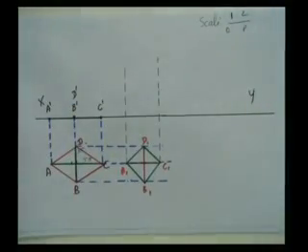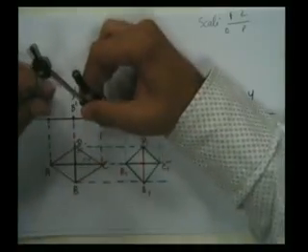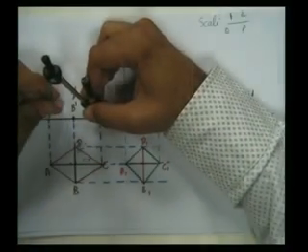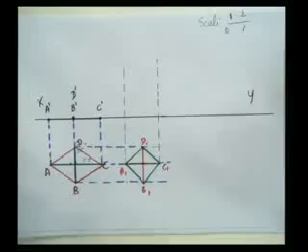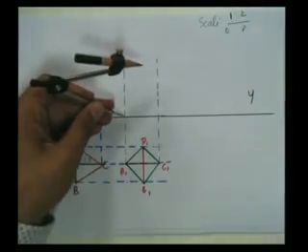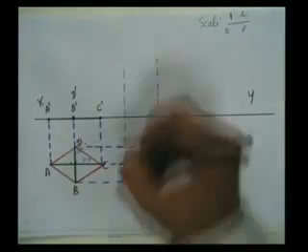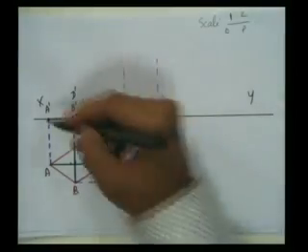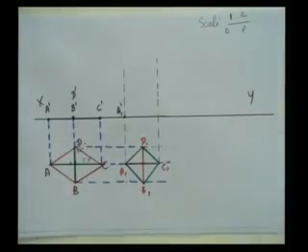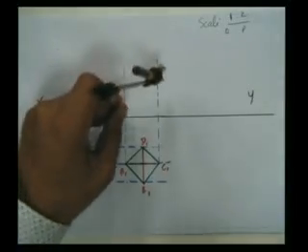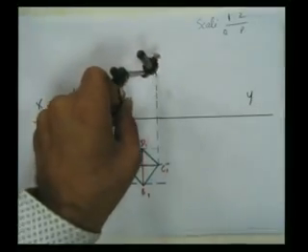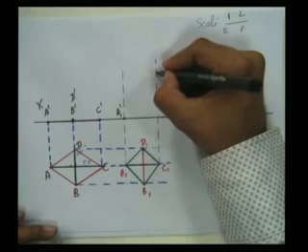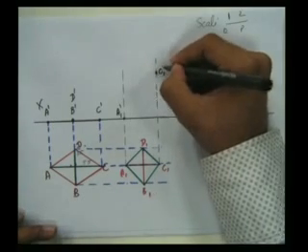Now I know the length of AC. I know this point is A1 dash, which is actually A. So I'll cut an arc here. This point will become C1 dash.